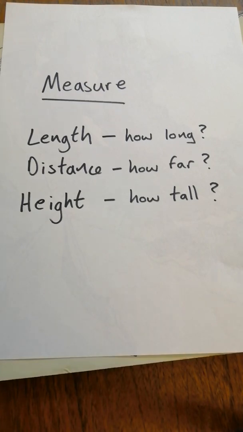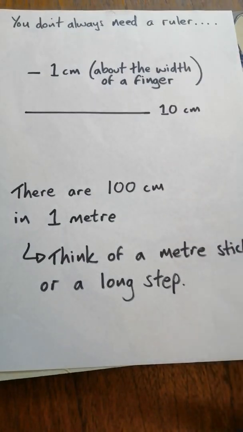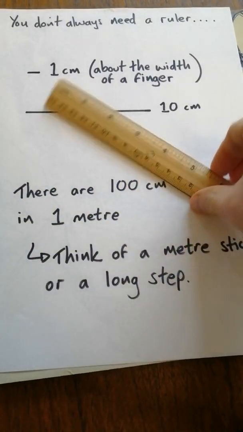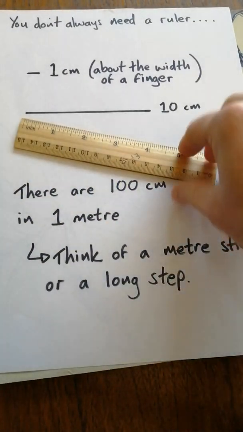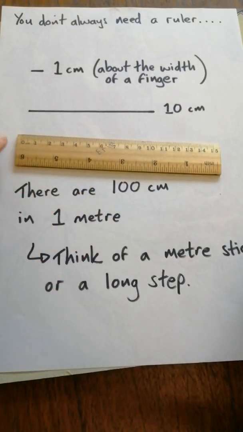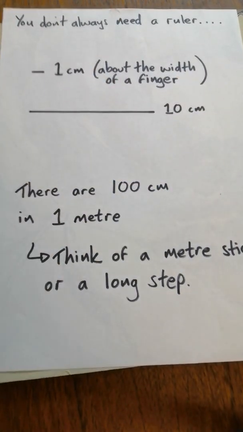Now, some of you might be a little bit worried that you don't have something to measure with. Don't worry about it. You don't always need a ruler. Okay, I've got this little 15 centimetre ruler here. It's upside down. I'll turn it round. You can see that it's Erin's ruler, and you can see that it goes from 0 to 15 centimetres. But you don't always need a ruler to be able to measure something.